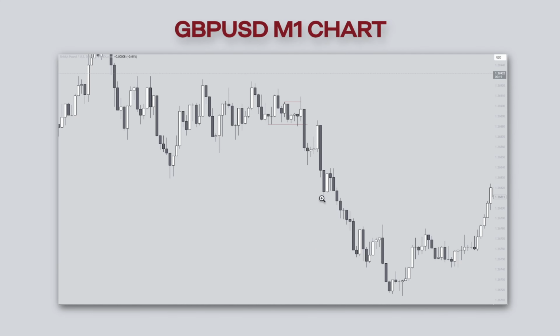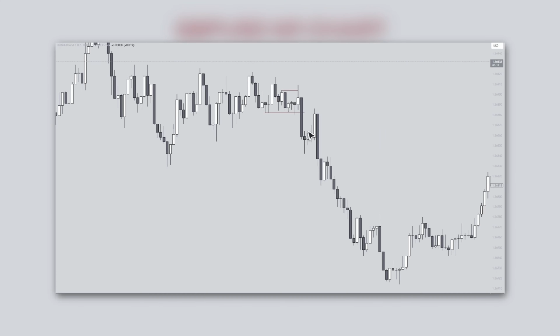Now look at the GBP chart right here. This is that same time in which I executed on Euro USD, right? So price raids a short-term high, moves lower, and here is the fair value gap, and I think it touches the order block as well, and then clean rejection down there.